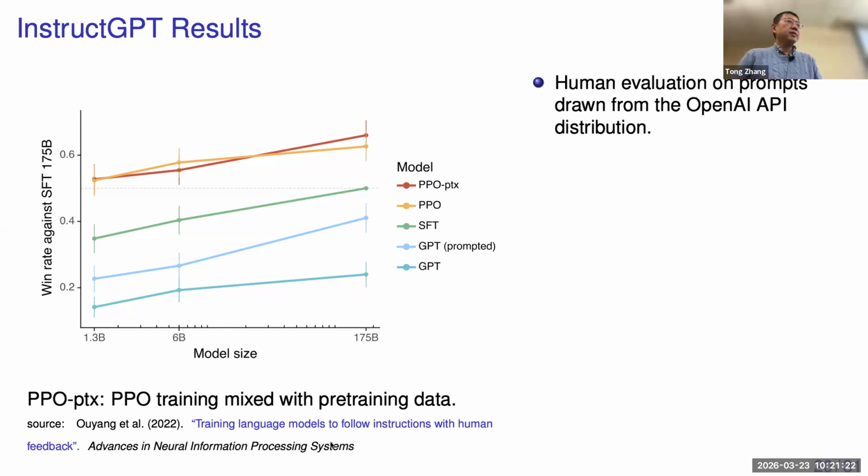So you do the PPO training, but you also add some pre-trained data rather than all this. So that makes it more stable, with less forgetting. And clearly, if you look at that, it's a small effect, but at larger scale, you could have a little bit of improvement for that.